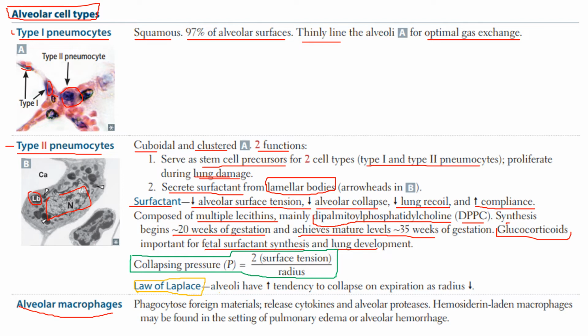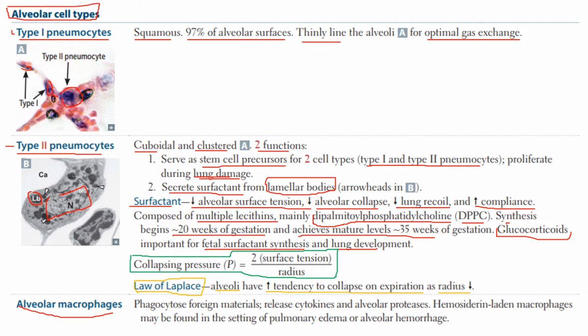It is applicable to the alveoli: alveoli have a greater tendency to collapse on expiration as radius decreases. What is the law of Laplace? Alveoli have a greater tendency to collapse on expiration as radius decreases.